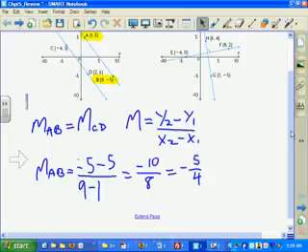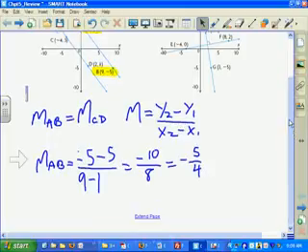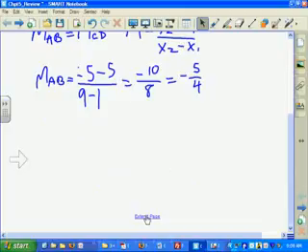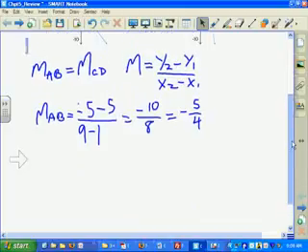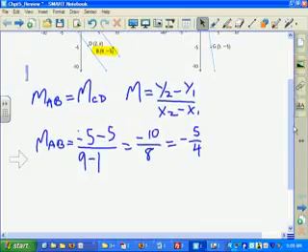We know that AB and CD are parallel, which means that the slope of AB and CD are the same. Now that we have our slope of AB, what can we do with that? Sorry, that's what I meant, CD. For the record, the slope of AB is the same as CD.